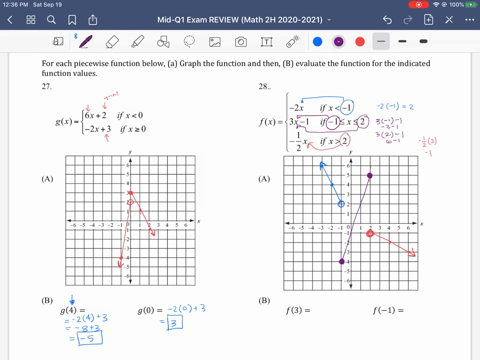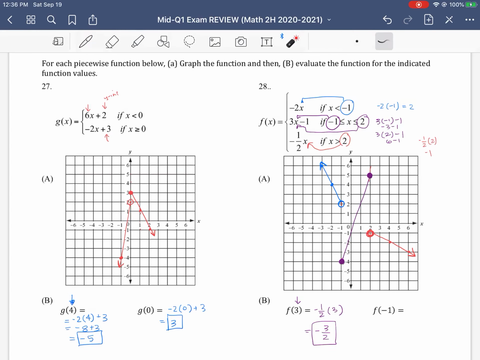All right, lastly, evaluating these last two, we're doing f of 3. So if we look up here, it looks like +3 is going to be greater than 2. So we're going to use this piece on the bottom. So we're going to have -1/2 times 3, which is just going to give us -3/2. And then f of -1.